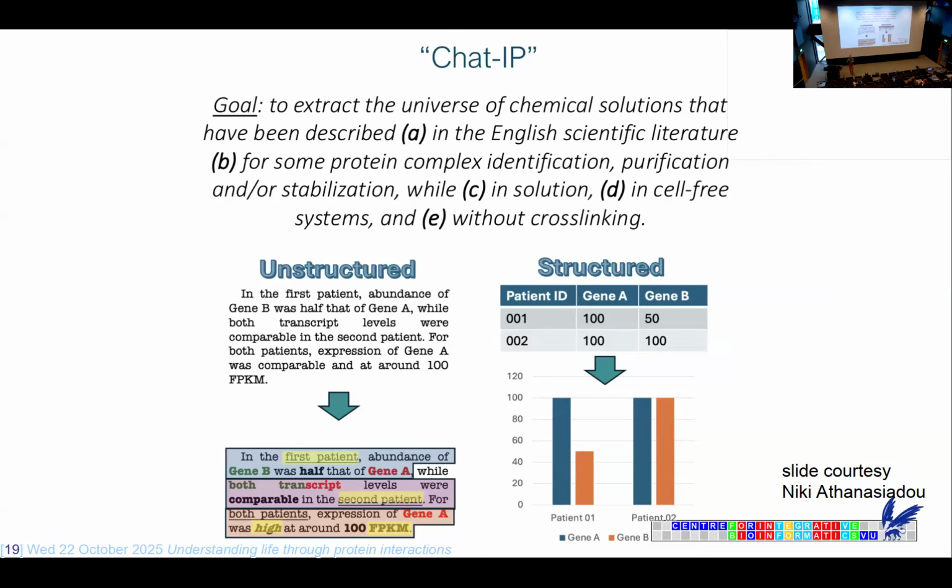So you build a gold standard data set on which to benchmark natural language models that people use to extract this data automatically from papers. But if it's a model, you need to test it, you need test data, and it has to be accurate. So this is ongoing work with Niki Athanasiadou from Rockefeller University.